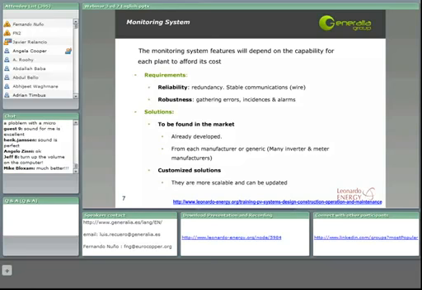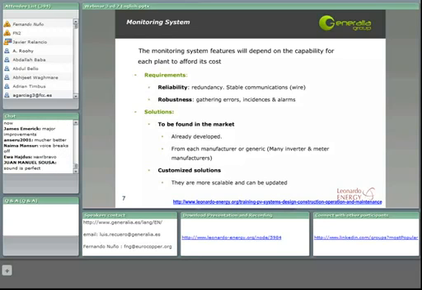Well, I was saying that depending on our own requirements and the plant budget, we can decide between a commercial solution, which is the solution that can be found in the market, or a customized solution. The main advantage for a commercial solution would be that it's an already developed solution, so it might be cheaper.